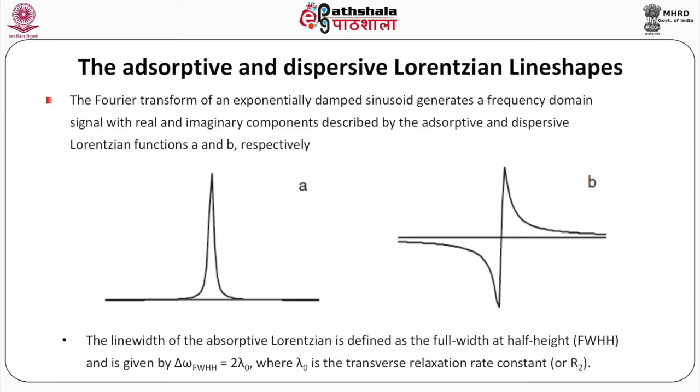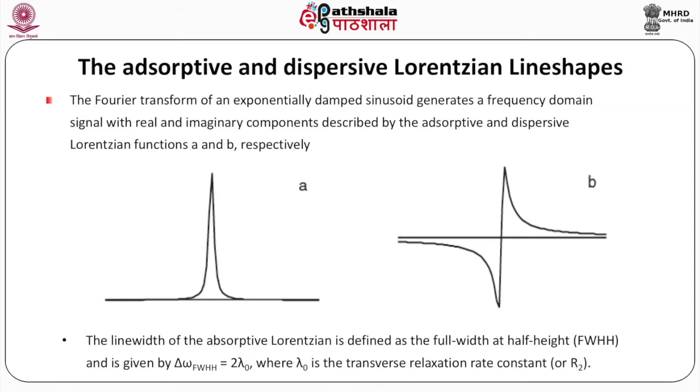The Fourier transform of an exponentially damped sinusoid generates a frequency domain signal with real and imaginary components described by the absorptive and dispersive Lorentzian functions as shown in A and B respectively.